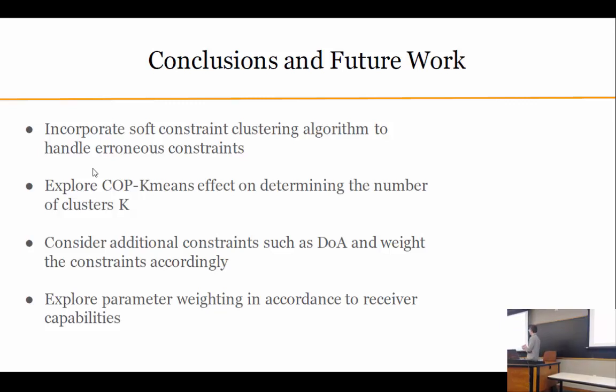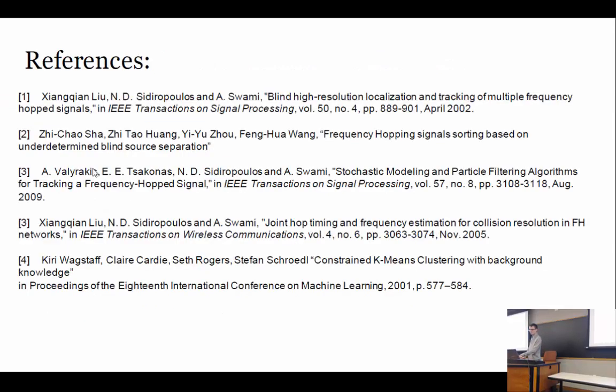Also, another thing to look at is exploring the differences in receiver properties. Some receivers might be better at estimating some parameters than others, so weighting parameters based on their estimated accuracy rather than having uniform estimation accuracy among every receiver. That's another thing to look at.